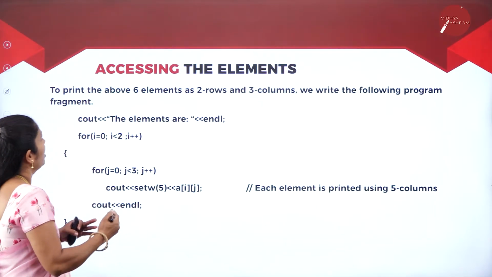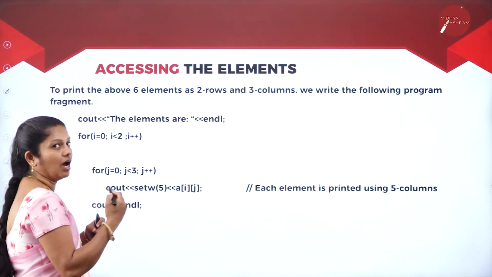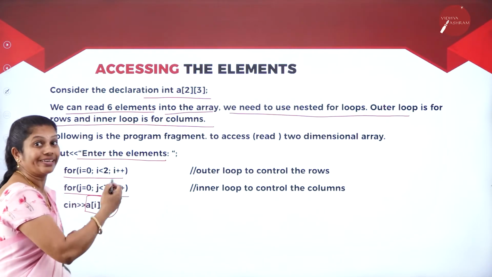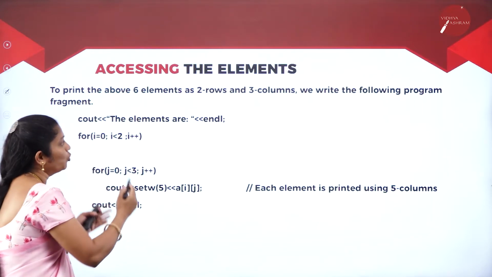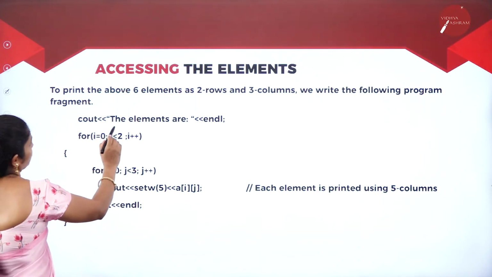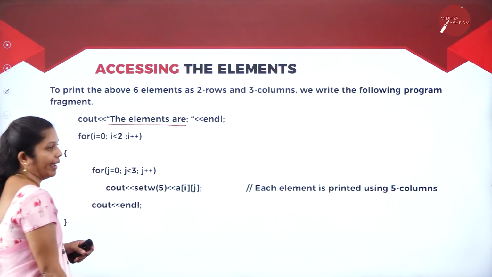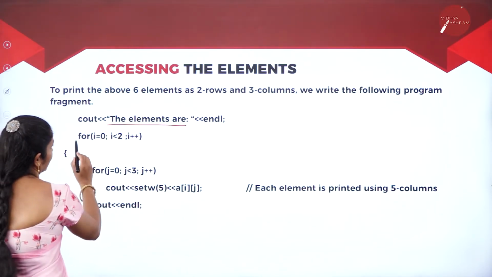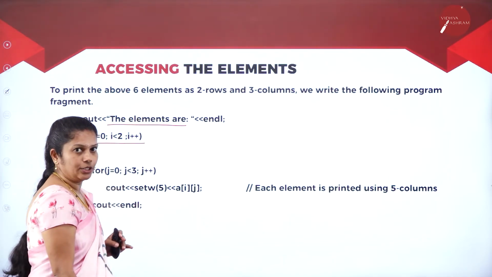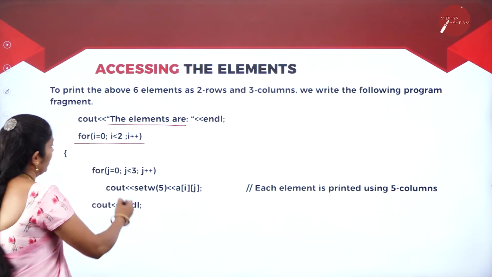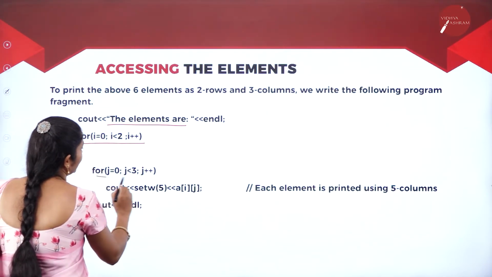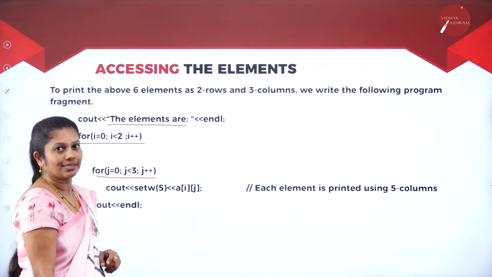Now in the same way, how to write to print 6 elements? In the previous case, you have studied how to read. Now we will explain how to print the two-dimensional array elements. In this case, first as usual we will write the array elements are. Then here the for loop will take I equals 0 and I is less than 2. That means 2 rows are there. Then inside this we will take one more for loop. Here j equals 0, j is less than 3 is given.